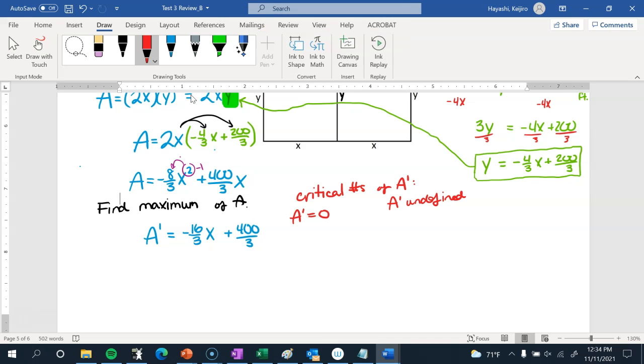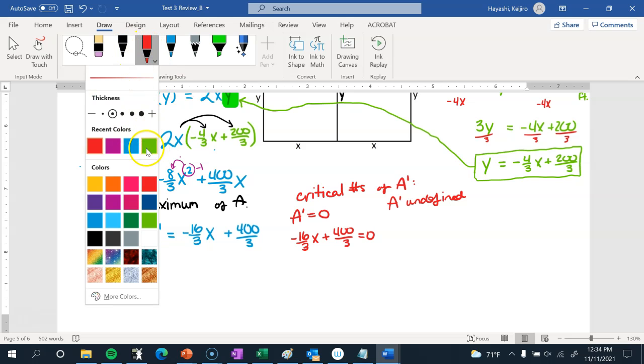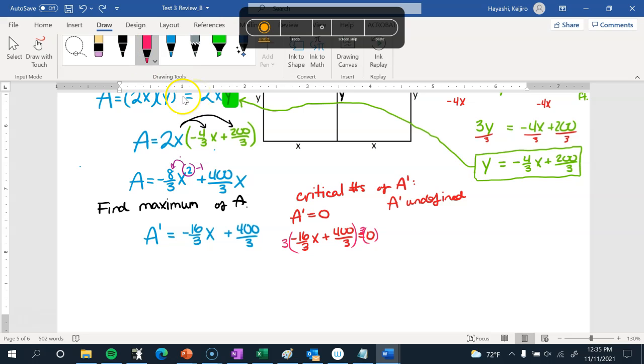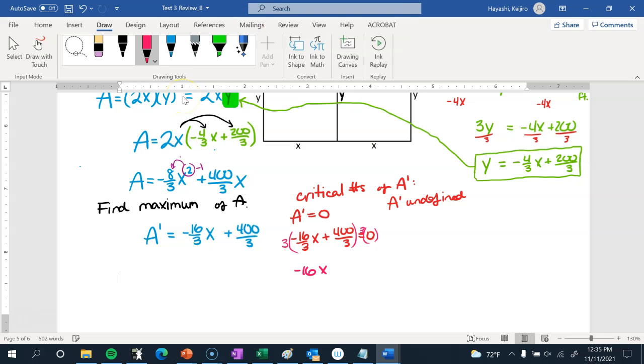So if A prime equals 0, that means that negative 16/3 x plus 400/3, because that's what A prime is, equals 0. In order to simplify this a bit, we could just multiply both sides by 3. You can also move terms first. So we get negative 16x plus 400 equals 0.